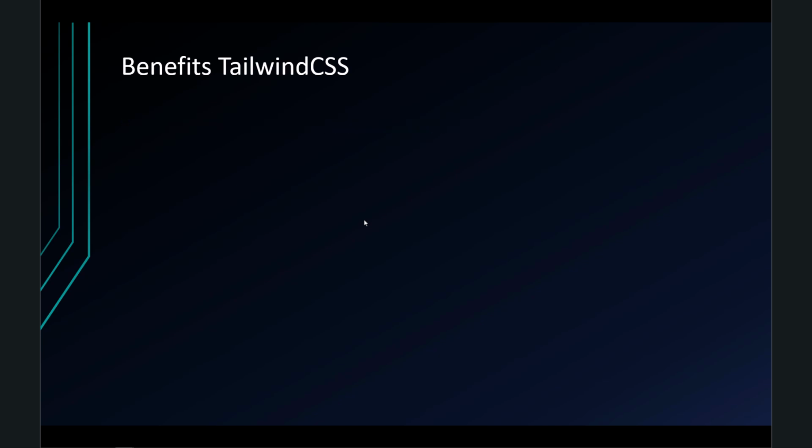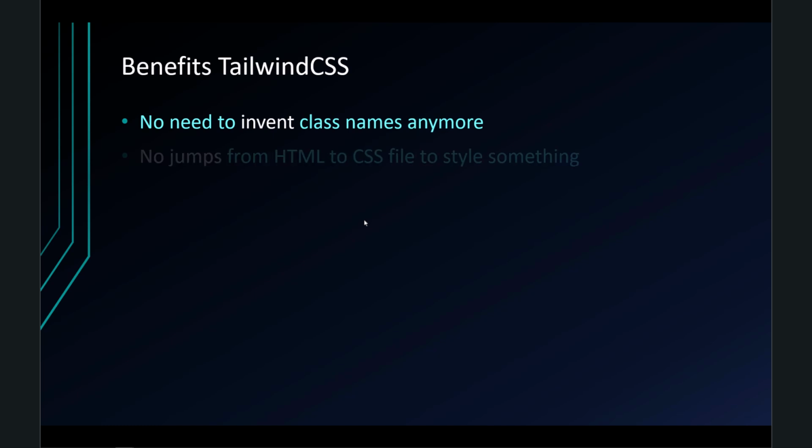The first benefit is that you don't have to invent a new class name, and you don't have to scratch your head to think about a new class name whenever you are designing something. The other thing is that you don't have to jump between your HTML and CSS files. When you're writing custom CSS, you have to go to the CSS file, write the class, and go back to the HTML again.